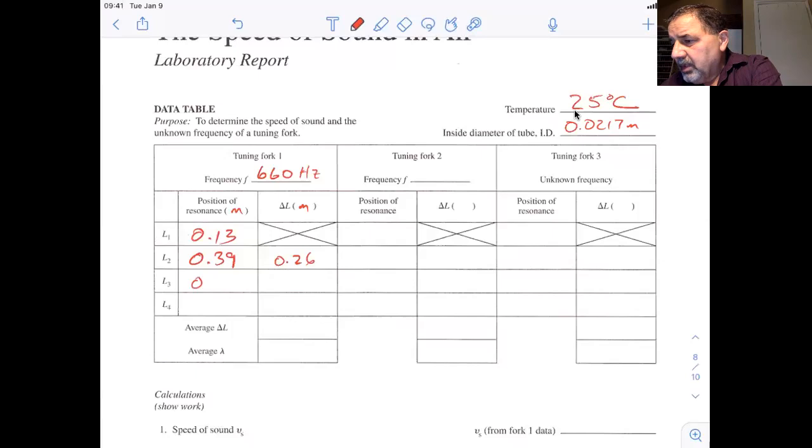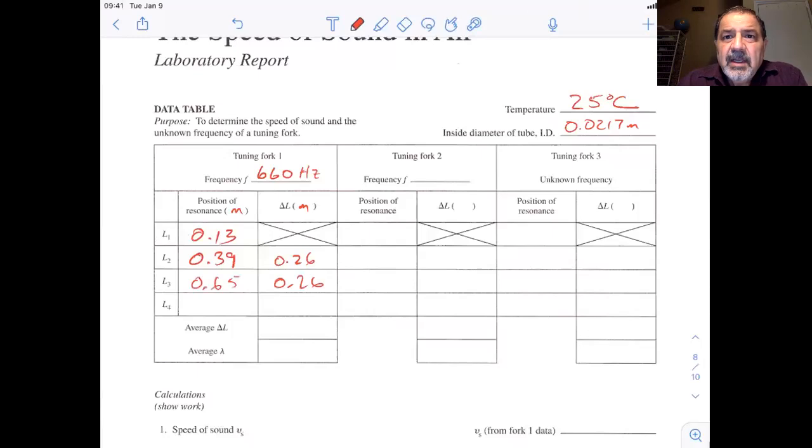Oops, I chose the wrong one. 0.65. And if we subtract 0.39 from 0.65, well, again, we're going to get 0.26. And I don't know if we can get a third.